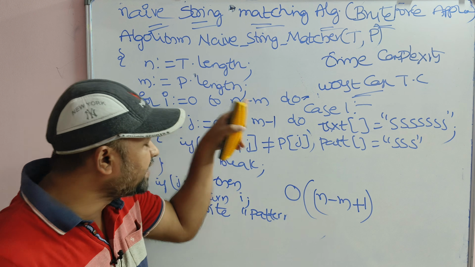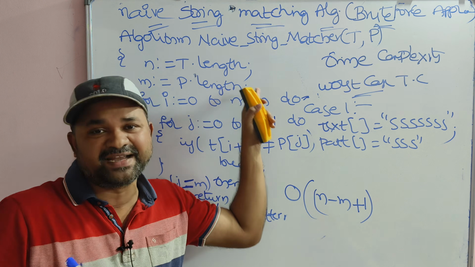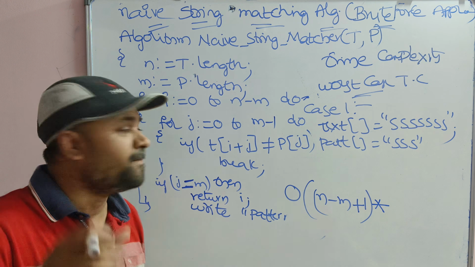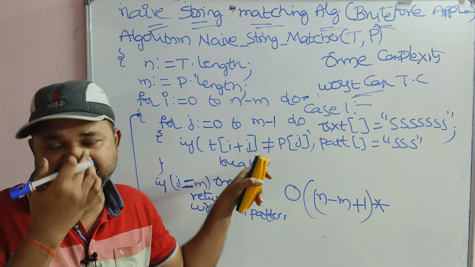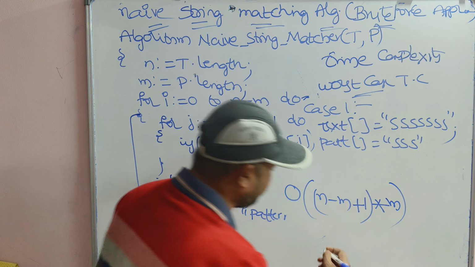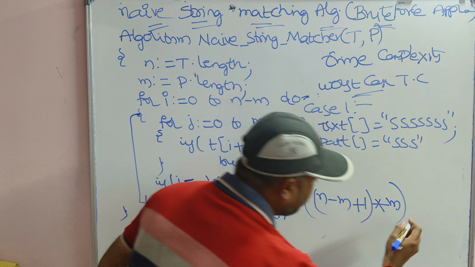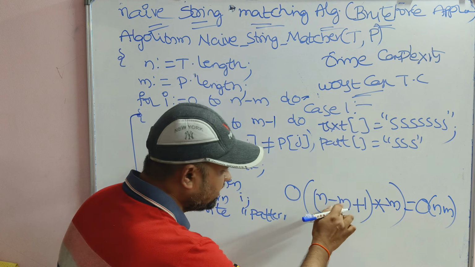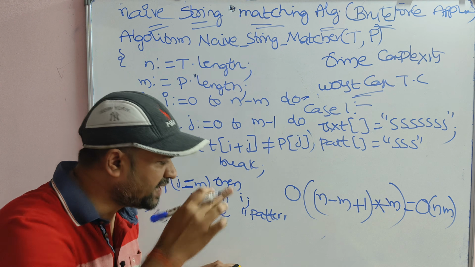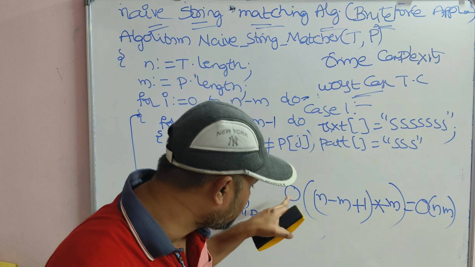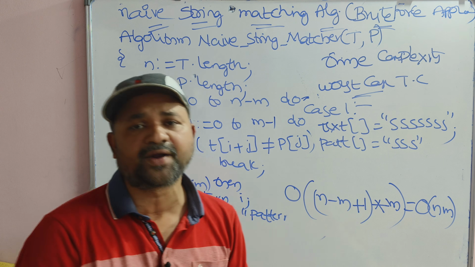In each shift, how many comparisons are required? m comparisons, so maximum we require m comparisons. So this is nothing but the worst case time complexity. If we multiply n into m, we get order of nm. Next m squared. Between nm and m squared, nm is the most dominant term. So the worst case time complexity is order of nm.